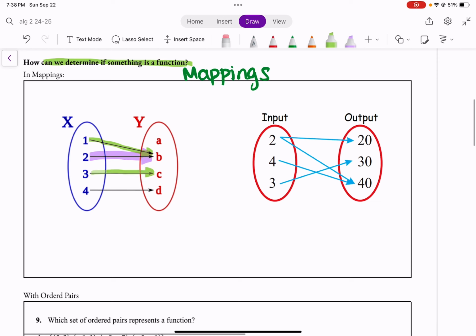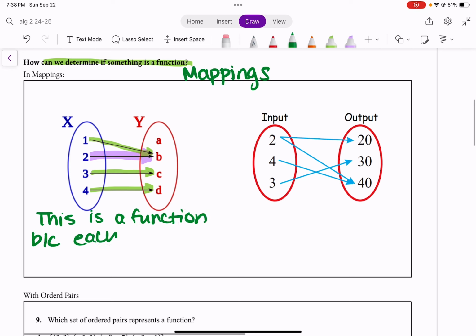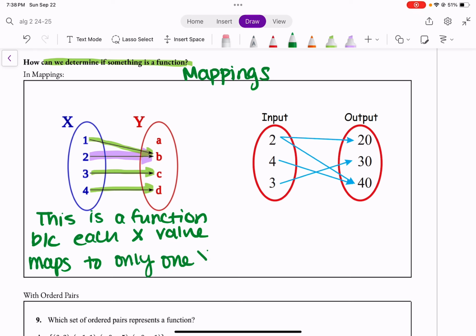The 3 is going to one place, and the 4 is going to one place. So this is a function because each x value maps to only one y value, right? And if you notice, it can map to the same y value, okay? That's fine.